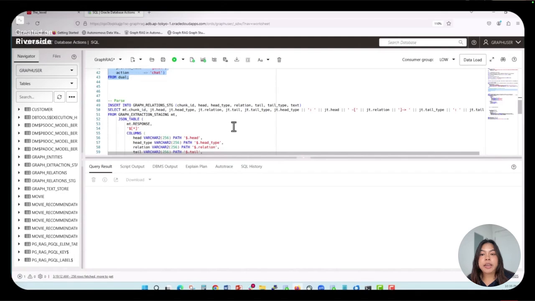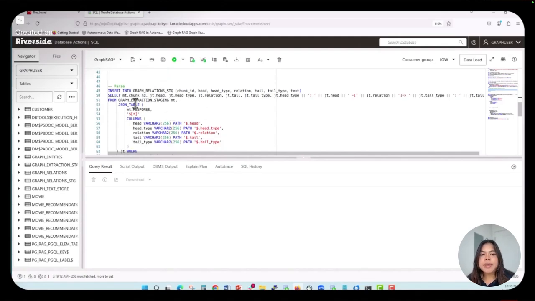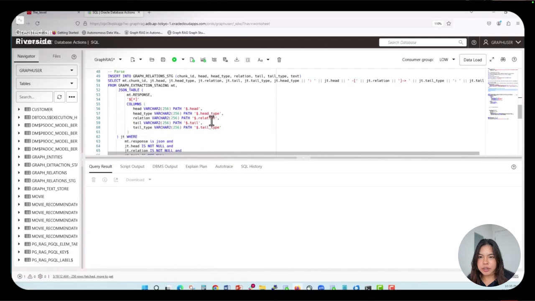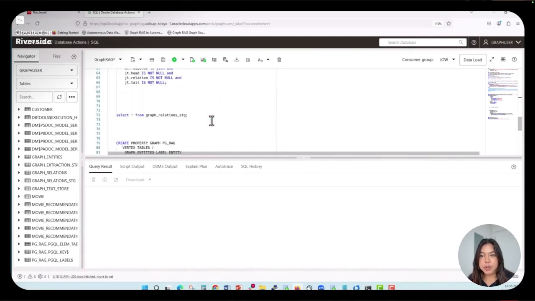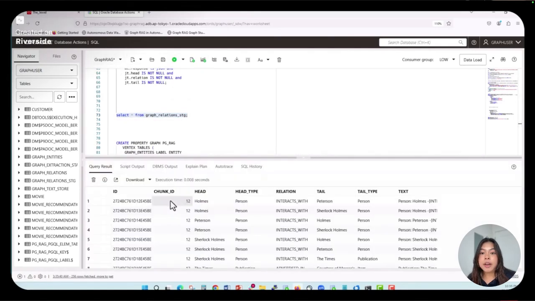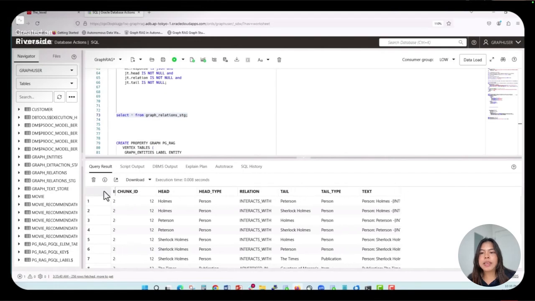And this gives the LLM a clear template to follow. And then the results come back as JSON. So we then parse the JSON to extract the entities and relationships and store them in tables, right? So in here, we're storing it in a table. And here's the output. You can see that Holmes is an entity that has interacted with Peterson. And then we also have James Ryder that works at the Hotel Cosmopolitan, and so on.